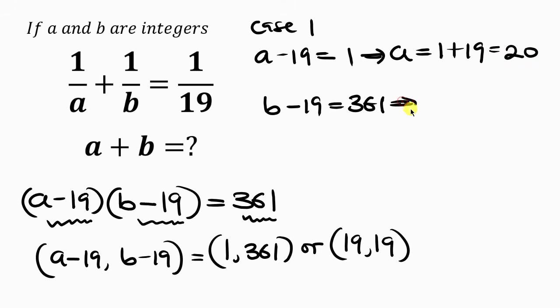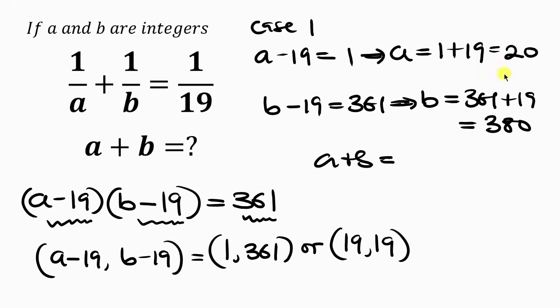And now for B, as negative 19 crosses, we have B equal to 361 plus 19, which is equal to 380. So our A plus B, which the question requires, will be 20 plus 380, which is equal to 400. So this is a value for A plus B for our first case.